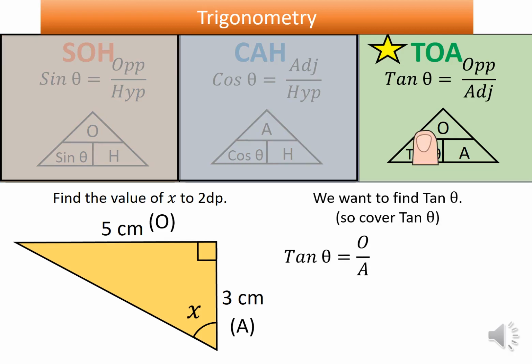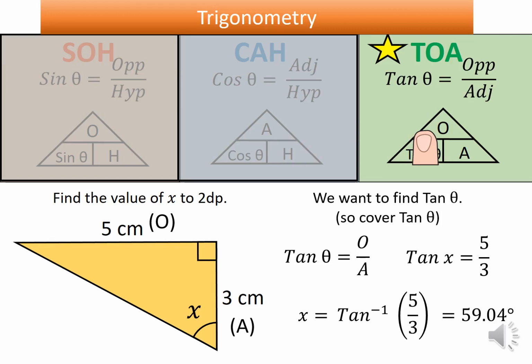But then remember we need to use the inverse function again because we're finding the angle. So the inverse of tan, and then we divide 5 over 3. Remember, to get the inverse function, you need to press shift on your calculator and then tan. The answer to 2 decimal places will be 59.04.